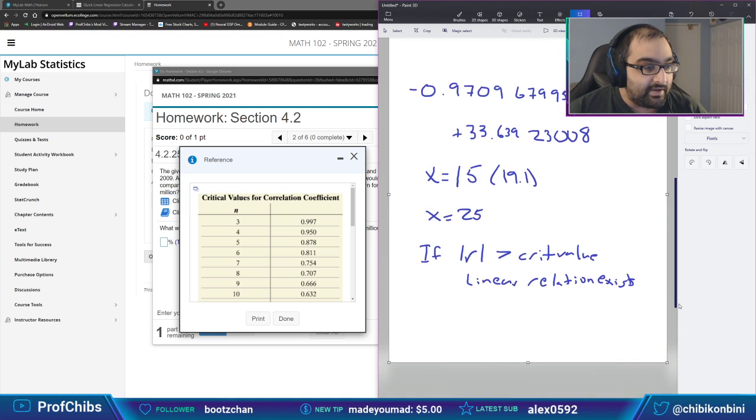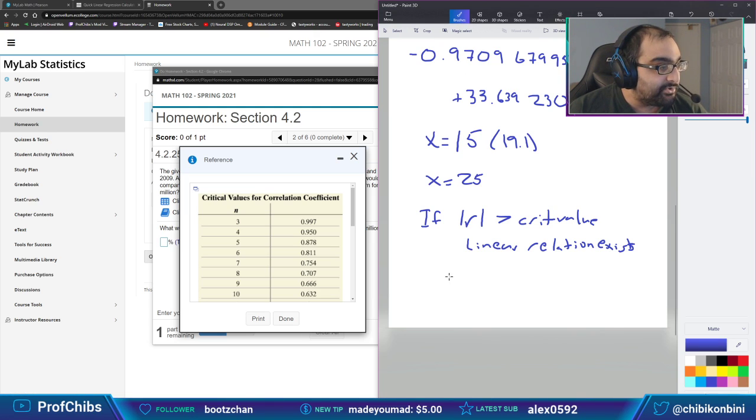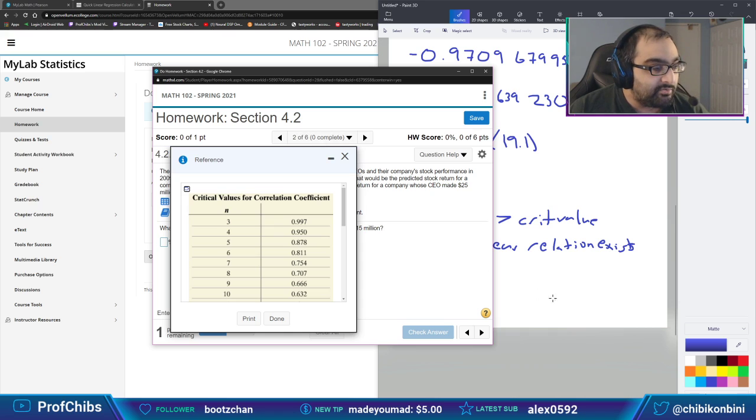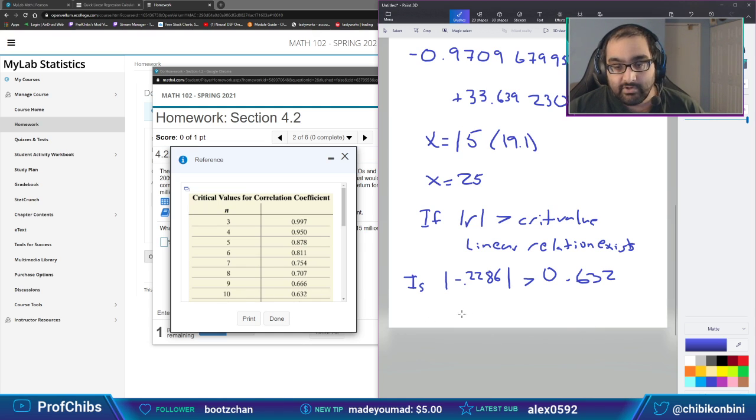So since we have a sample size of 10, we just have to check: is the absolute value of negative 0.2286 bigger than the critical value here of 0.632? Because that's our sample size of 10. Now the answer to this is no, it's not.